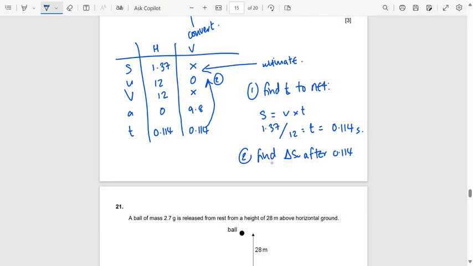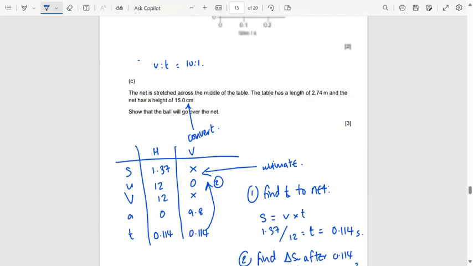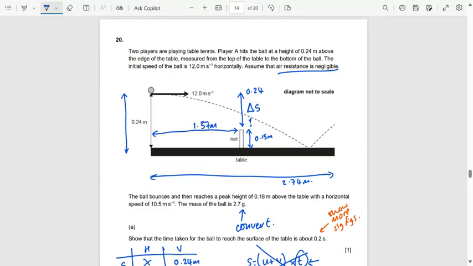So the distance travelled vertically equals 0 plus half times 9.8 times 0.114 squared. And so the drop is 0.065 meters. So it's dropped 6.5 centimeters. That's looking promising.